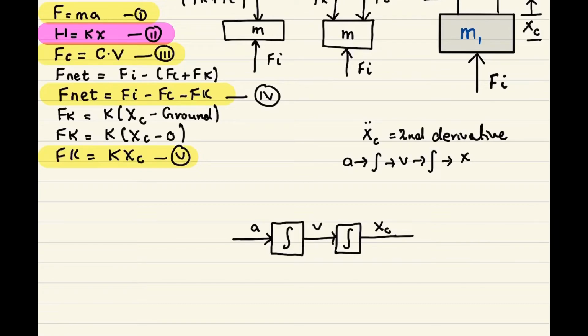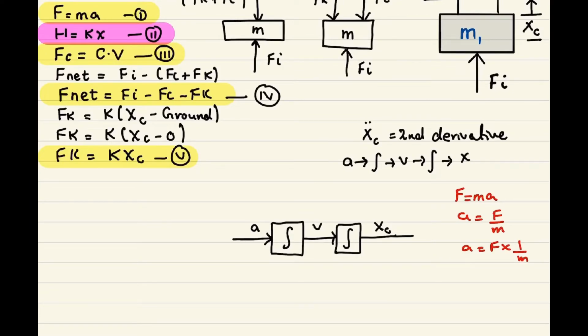Now this a is coming from equation number 1, which is here. But a is coming out of equation number 1, so we have to rearrange this equation. I'm going to use a different color. We have f equals ma, and we know a equals f over m. That's showing acceleration is equal to f times 1 over m.